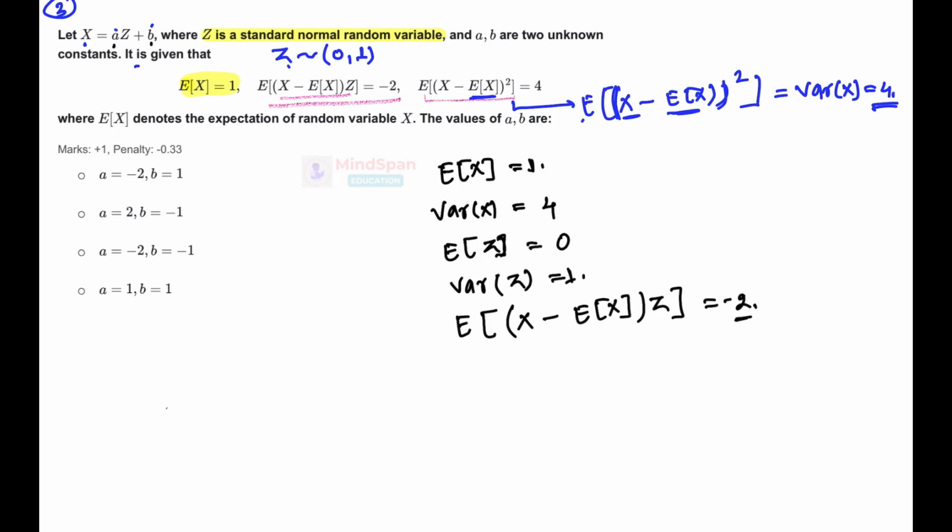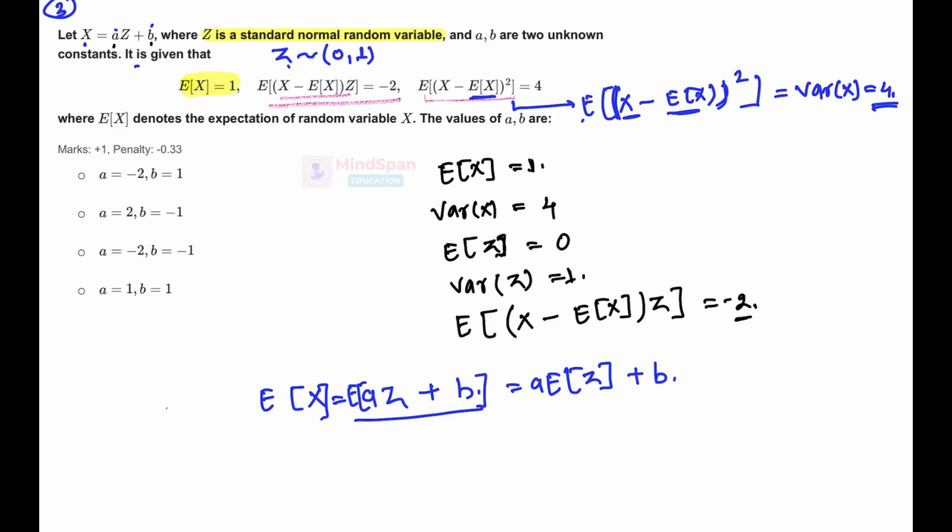I think we have more than enough information to get the values of a and b. We have the linear relation between random variables X and Z, related like this. So just take the expectation. Using linearity on the right hand side, we can write this as a times the expectation of this random variable Z plus the expectation of a constant, which is the same constant, so it will be b.